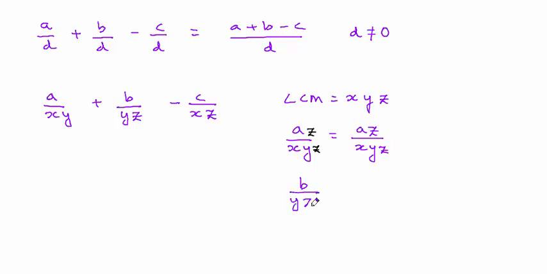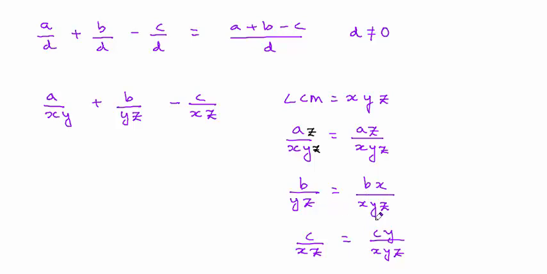Similarly, b over yz is going to be b times x over xyz. All we have done is multiplied the denominator over here with x, therefore multiply the numerator with x, which becomes bx. And in the same way, c over xz is equal to cy over xyz.